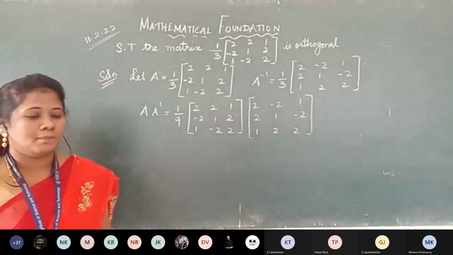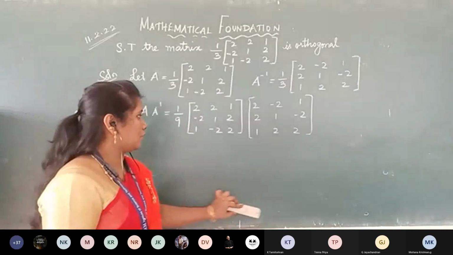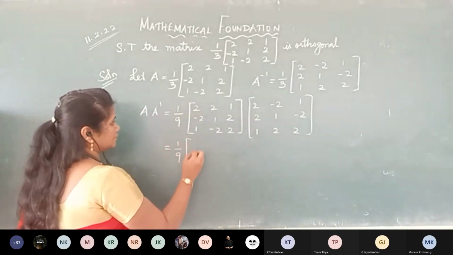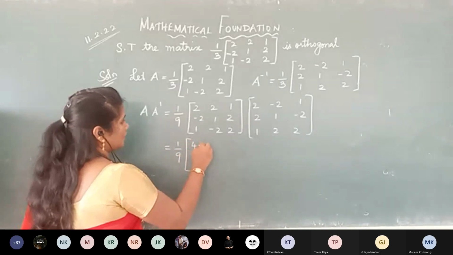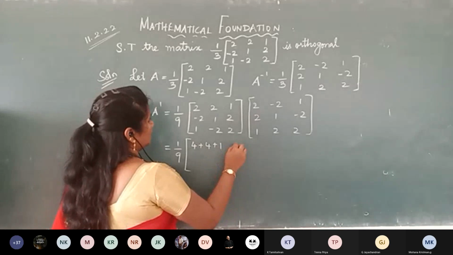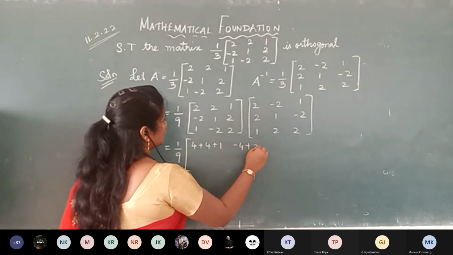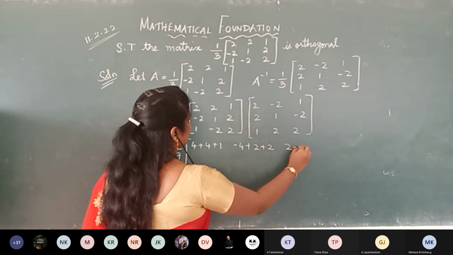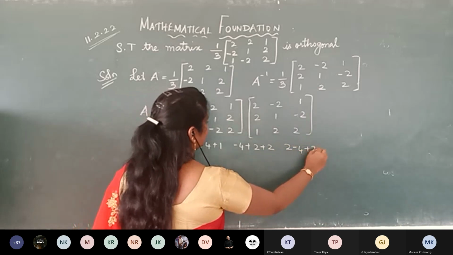Multiply and see what you get. 4 plus 4 plus 1, minus 4 plus 2 plus 2, 2 minus 4 plus 2.